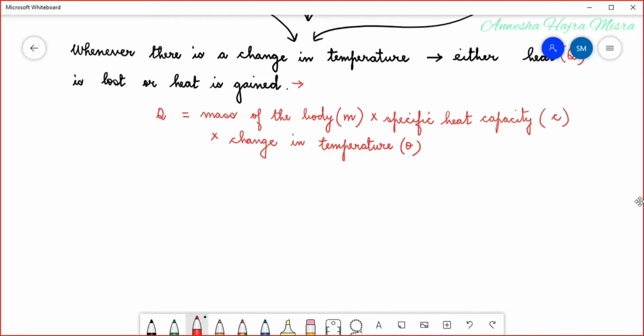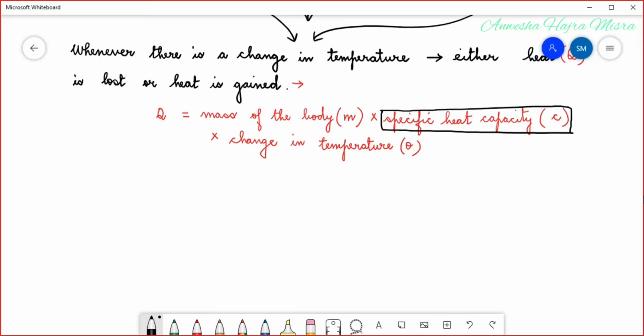Now, to study this, Q equal to M into C into theta, we have to have a clear idea of this term specific heat capacity.